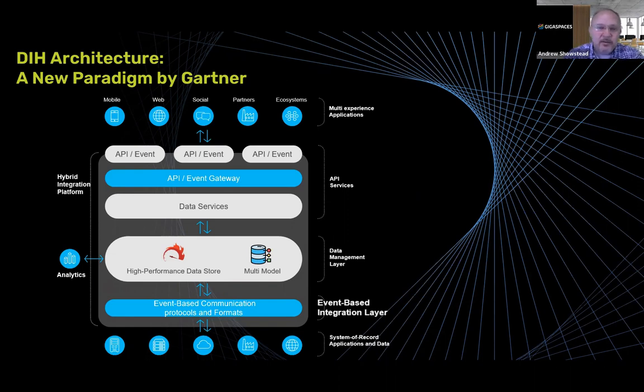So a key part here is that event-driven concept of data, transactions, services, streaming, information. And as it relates to the back end, we talk about things like change data capture, message queues, highly performant data streaming models that can get that data in a more low latency format to get it available for consumption.